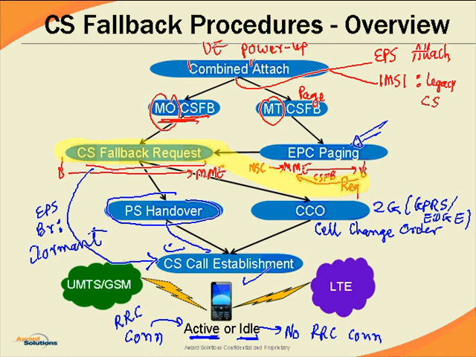Then if 3G is available in that area, 3G is chosen. If 3G is not available, then 2G is chosen. So let's say we are in a specific location area. In circuit switch terms, the geographic area is called the location area identifier, LAI.